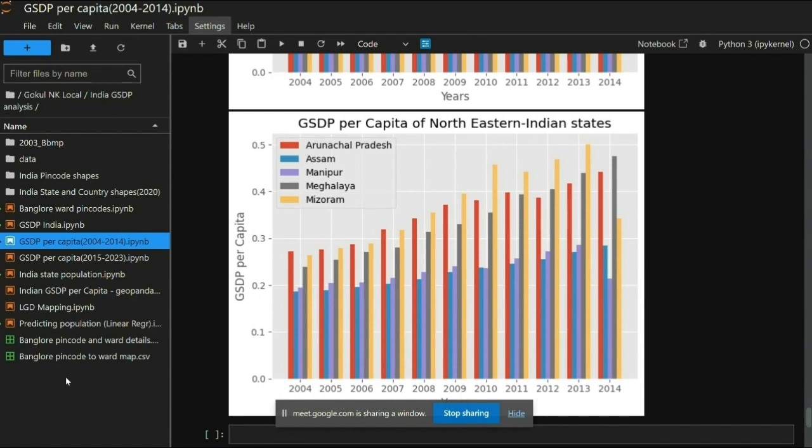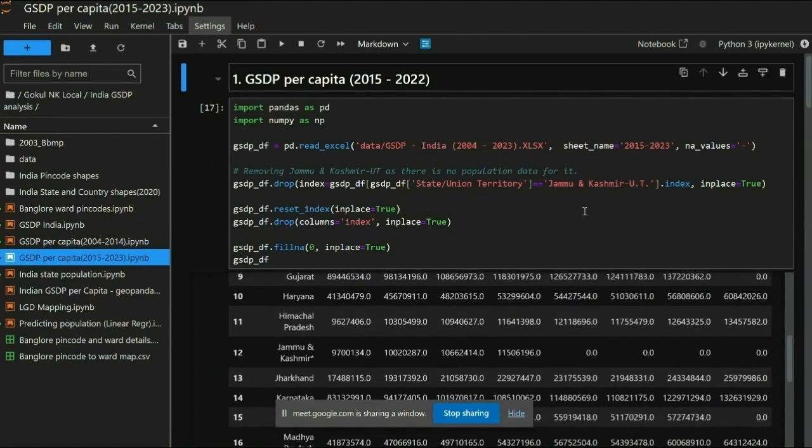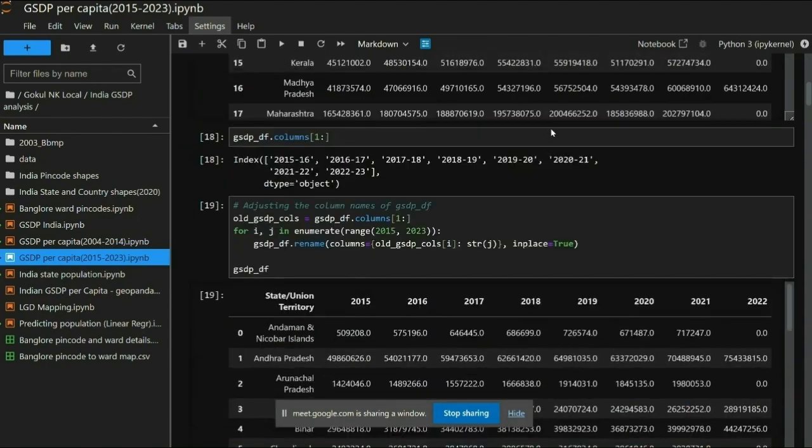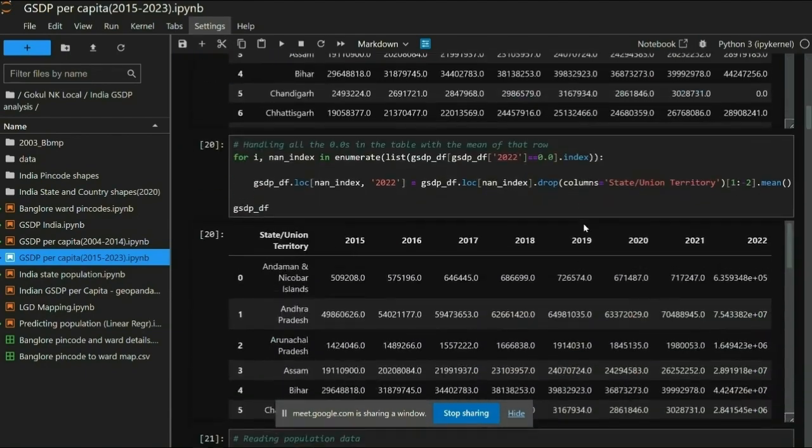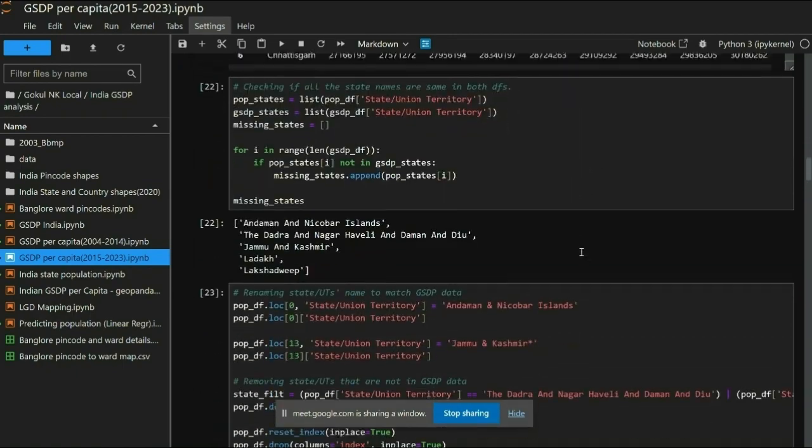Let's look at northeastern Indian states between 15 to 23. Let's look at the latest numbers once. Yeah, this is very similar. You can scroll to the bottom pretty much. Let's look at the map directly.